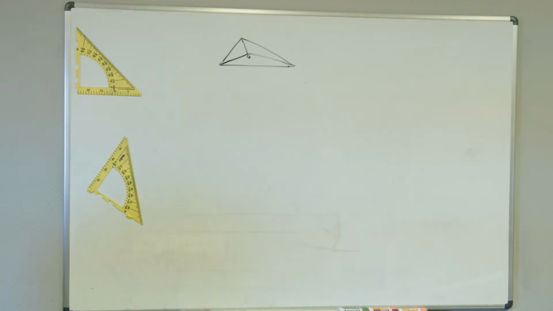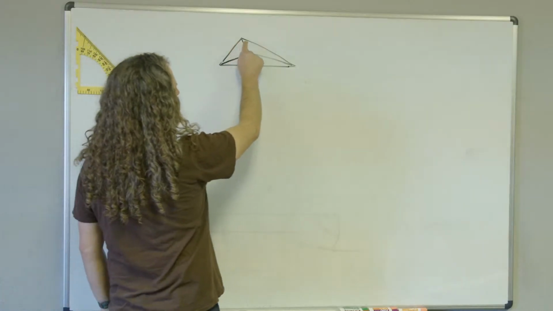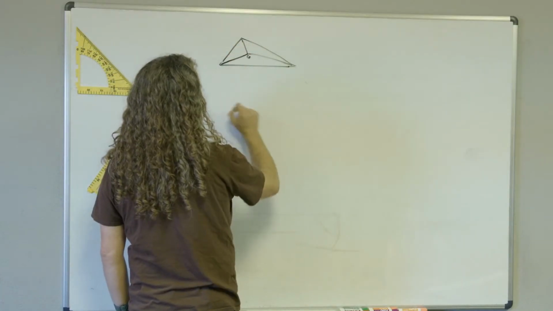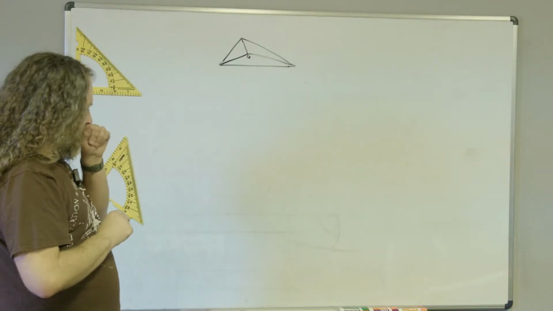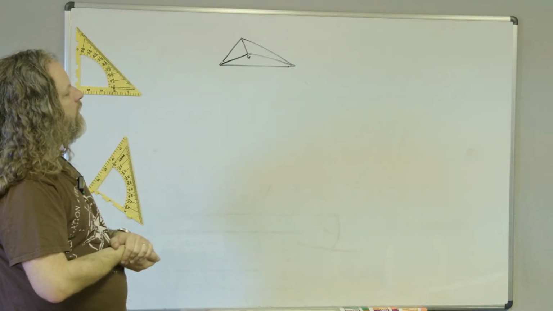So to bisect means to cut in half, right? So those little line segments that I drew cut each one of those angles in half, right? So this angle is congruent to this angle, and this angle is congruent to that angle, and this one's congruent to that angle, right? That's what angle bisectors are.